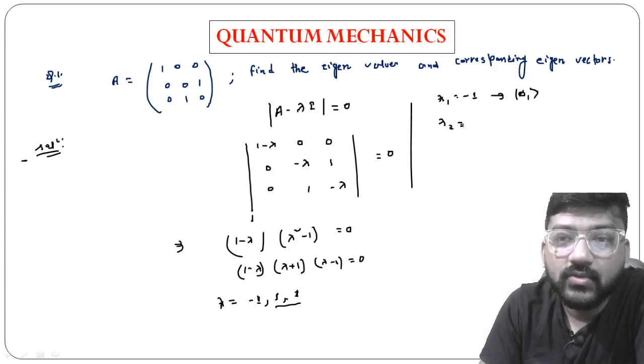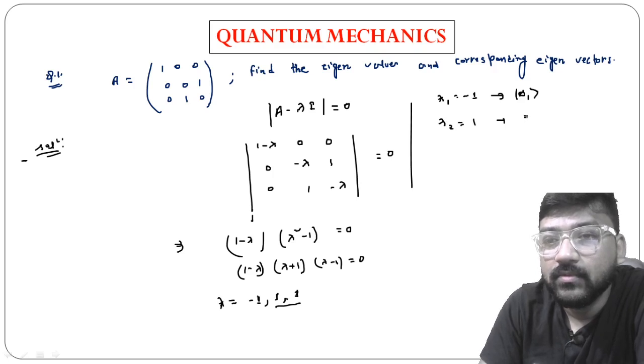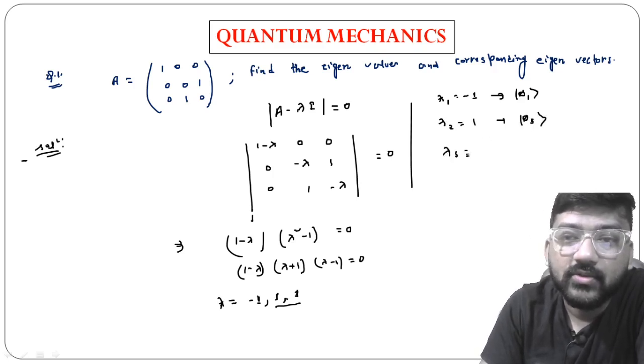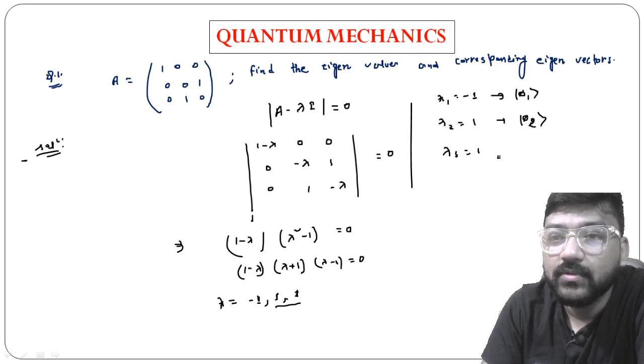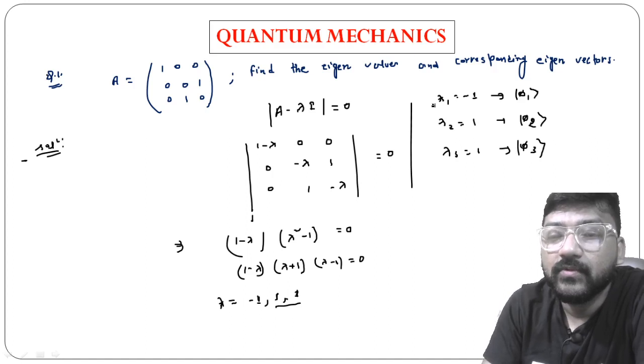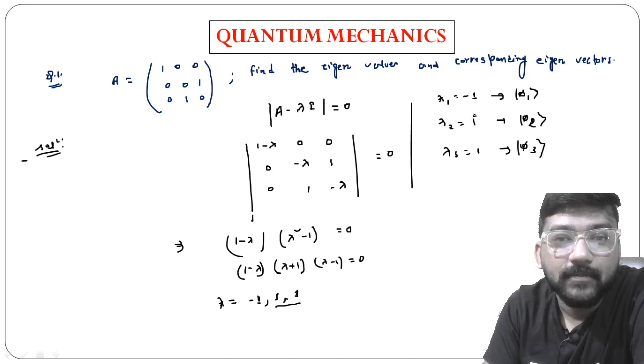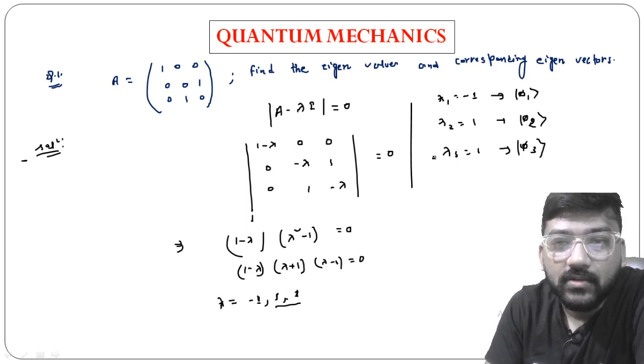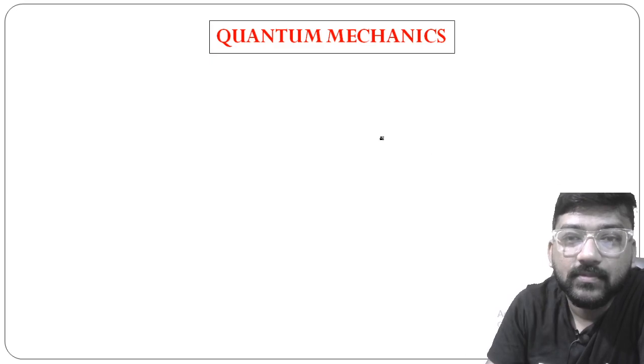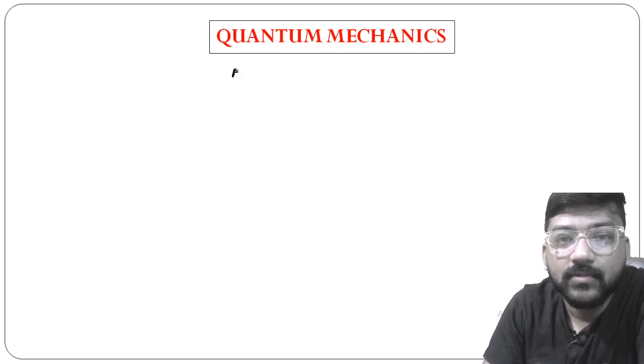Similarly, if we take lambda 2 equal to 1, we have the corresponding phi 2, and if we have lambda 3 equal to 1, phi 3. So we will find out phi 1, phi 2 and phi 3, which are the eigenvectors corresponding to these eigenvalues.